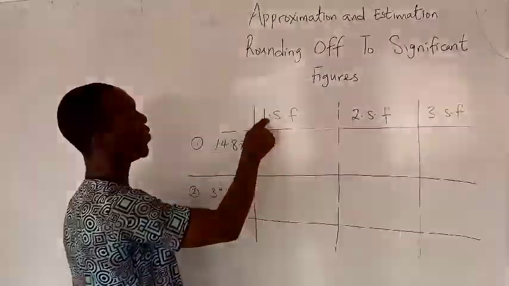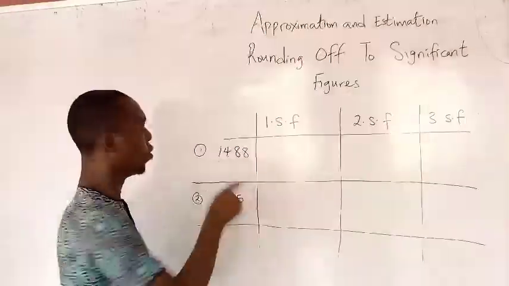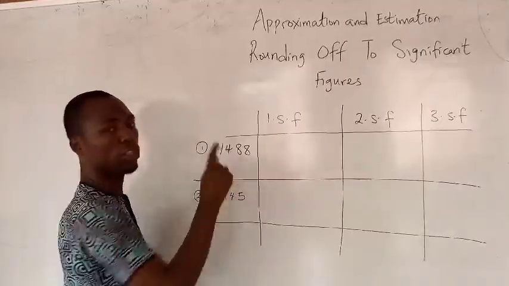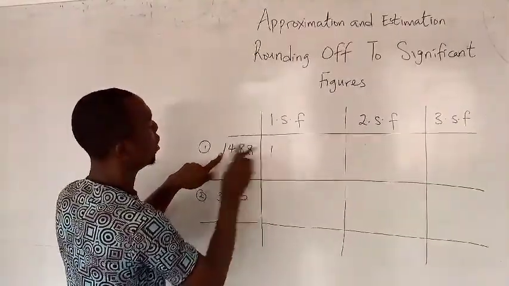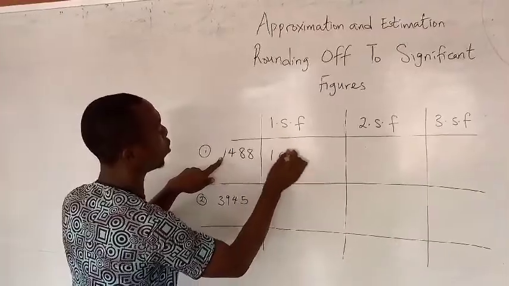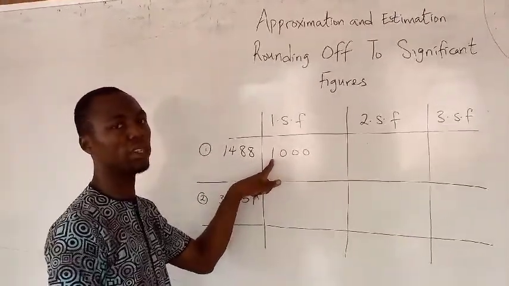We have one significant figure, so you just count 1. So after that 1, the next figure is 4, and 4 is not up to 5. So that means, aside this 1, every other number here will become 0. So with this, we've done it to one significant figure.